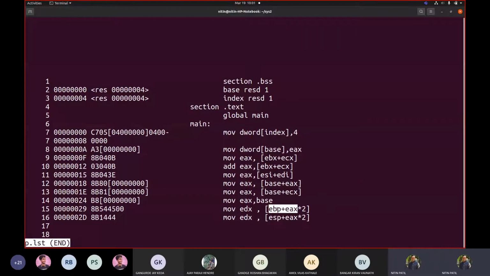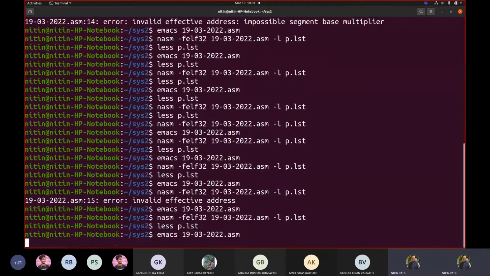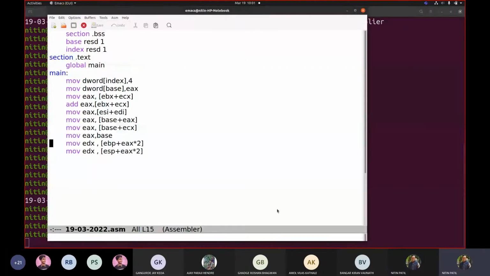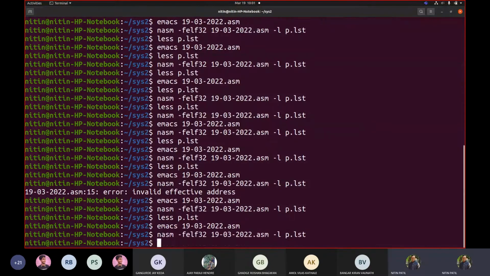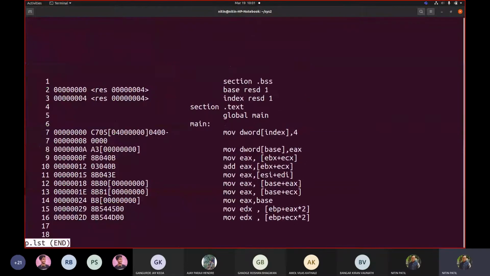Now in both the cases, let me make the change again. Let me make ECX the second register. 45, then 4D. I am getting 0 0.